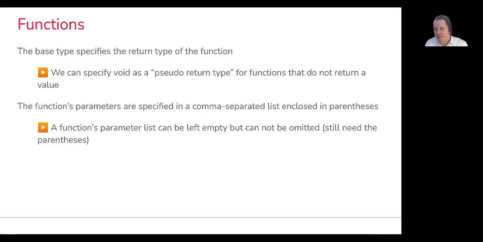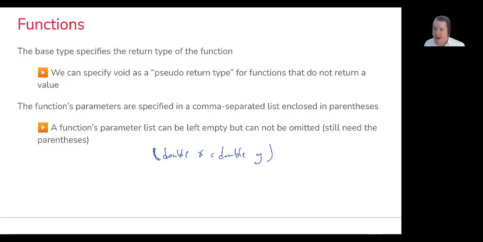The function's parameters are going to be specified in a comma separated list enclosed in parentheses. So if you had, say, two double parameters, within the parameter list it would be double x, double y. You're just listing out the parameters, type followed by identifier, and then a comma to separate one from another.